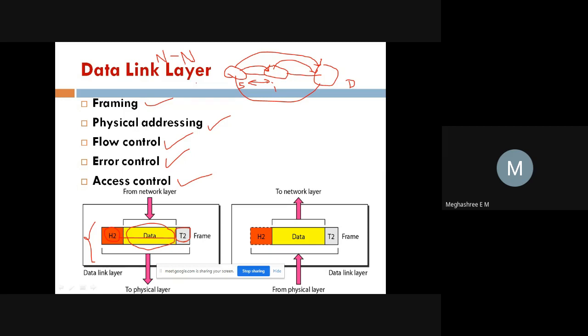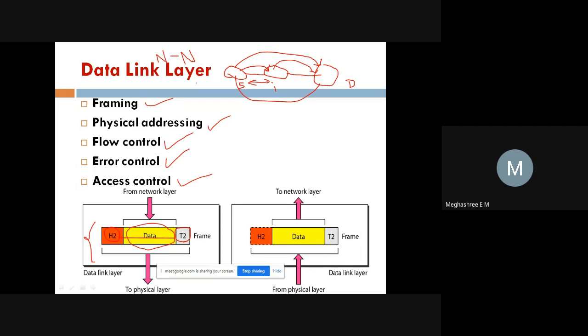So framing is this: the data for the data link layer is received from the network layer, I mean, data passed to the data link layer from the network layer. For this data, a header and trailer will be added. These header and trailer are nothing but additional bits added to the data.